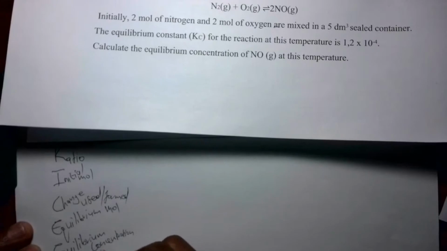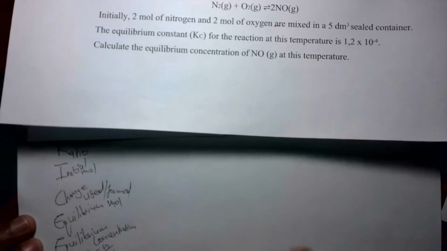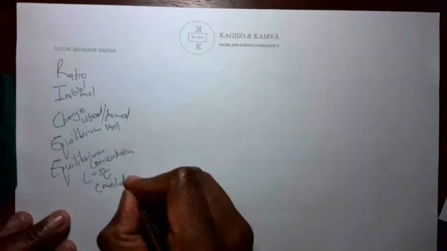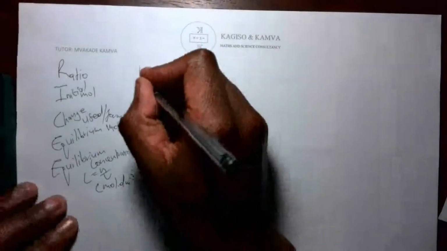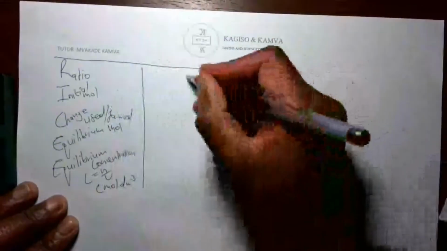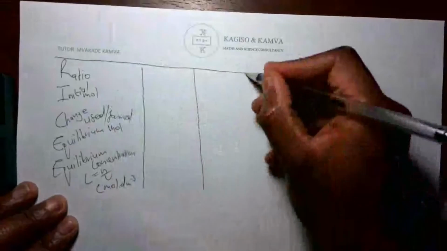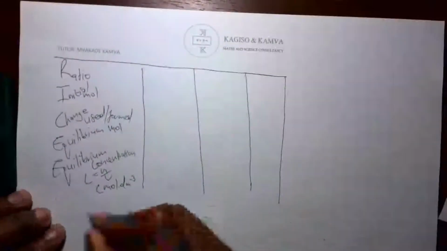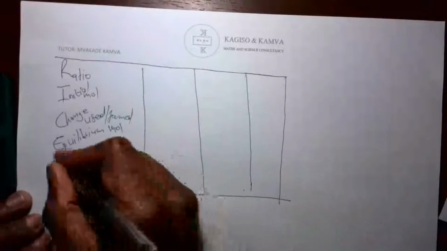C equals N over V. The units are mole per decimeter cube. Okay, we draw a table like this one.